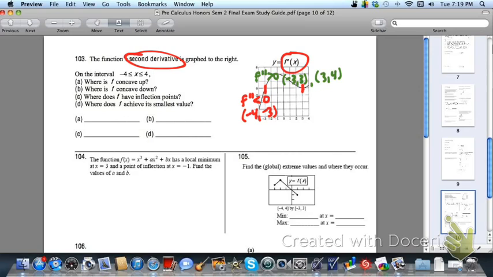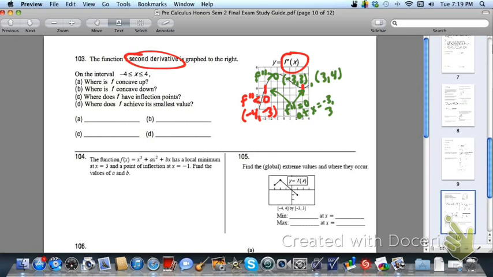We wouldn't say that it's positive from -3 to 4 because it equals 0 at these values along the x-axis. So f double prime is equal to 0 at x equals -3 and also at x equals 3. And the question is, do we have inflection points at those values?